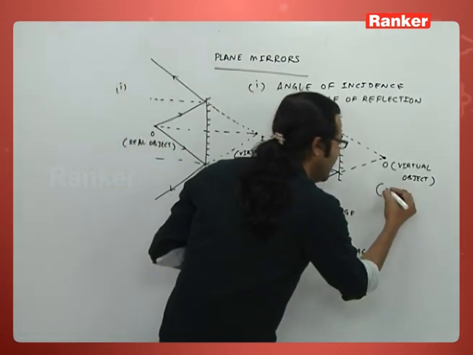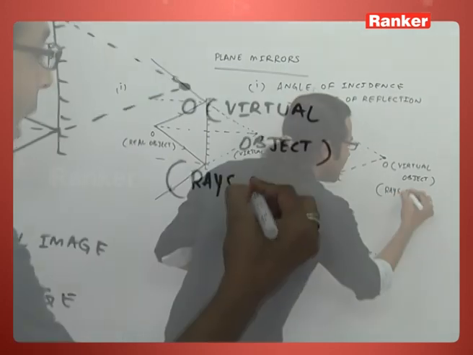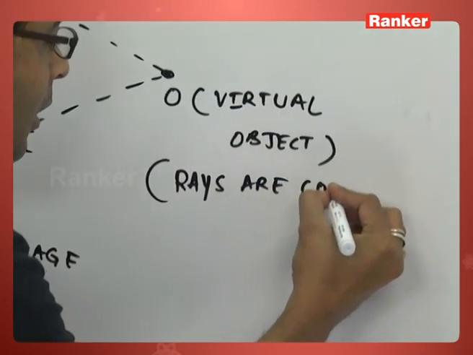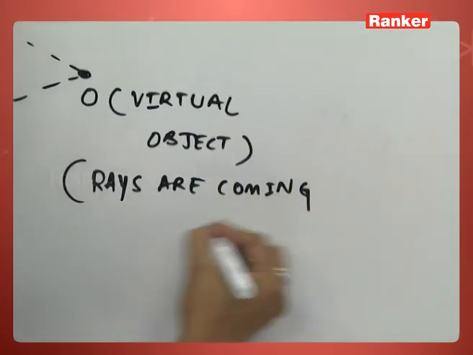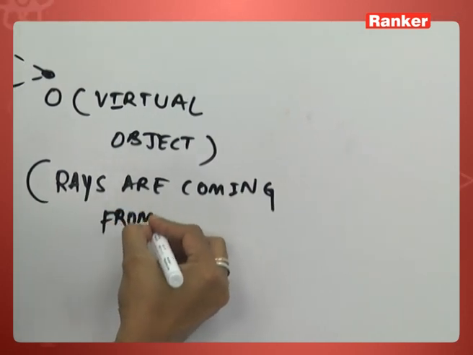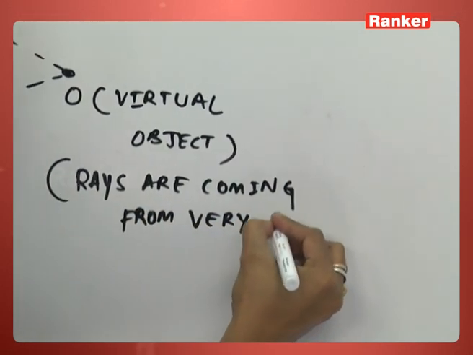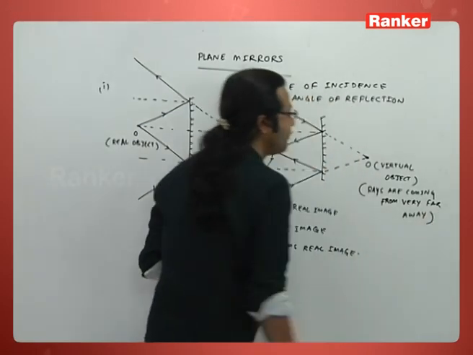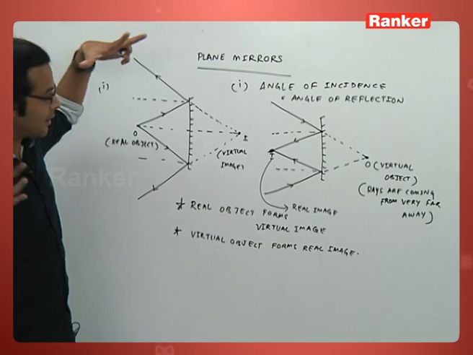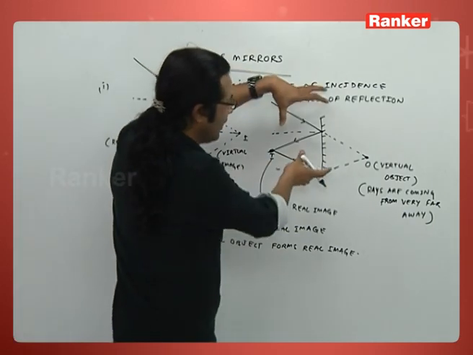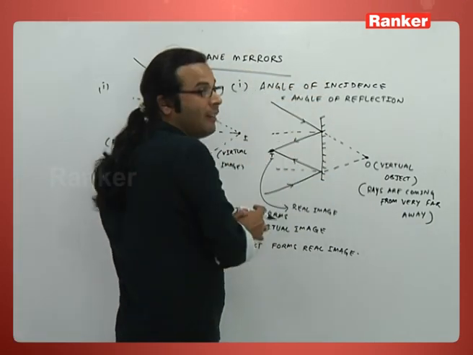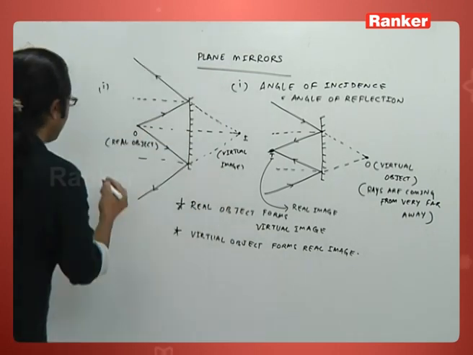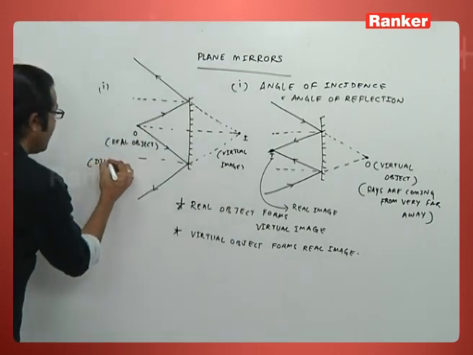So in ordinary terms we can say very far away the rays are coming, they are striking the mirror and they are converging. So here you can say it is a diverging property.